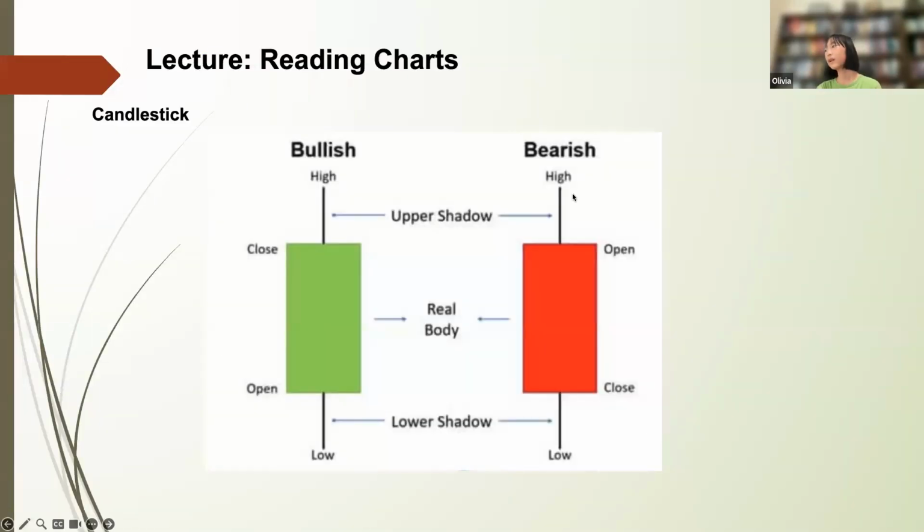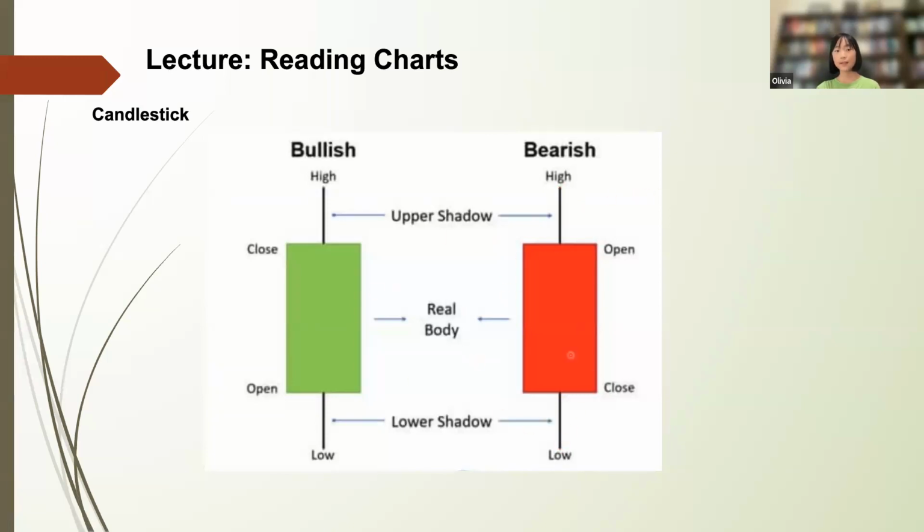Okay. Now let's look at the bearish candlestick. The bearish candlestick basically is a negative candlestick. It shows that over that time period, the stock price decreased. So obviously this is the highest point that time period, and this is the lowest point that time period.